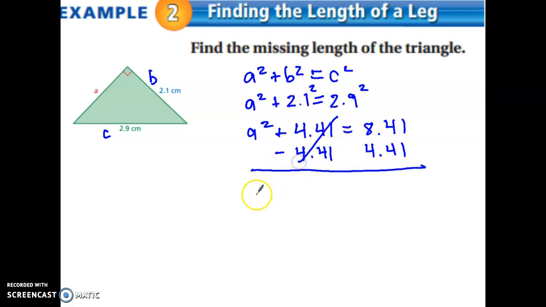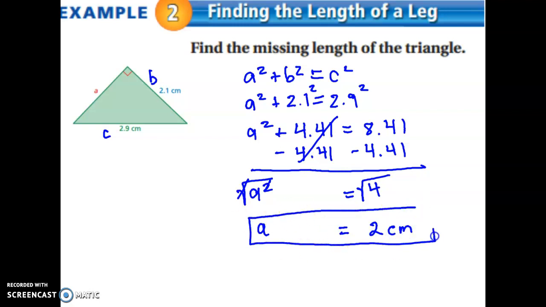Okay, so this goes away. Bring everything else down. A squared equals, we are subtracting 4.41 on both sides, so we get A squared equals 4. And then you're simply going to square root both sides to isolate your A, because the inverse operations cancel each other out. And then you're going to get 2 centimeters.